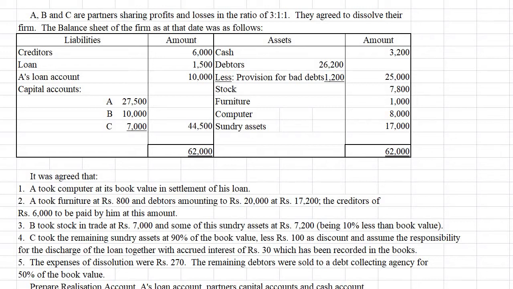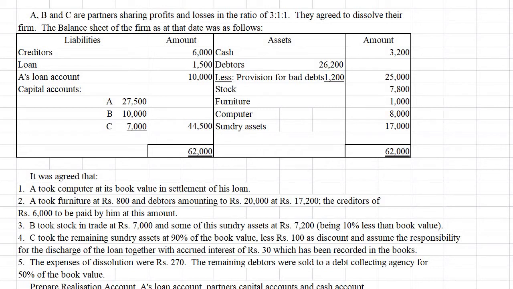That means being 10% less than the book value. So that 7,200 is 10% less than the book value. That means this is 90%.